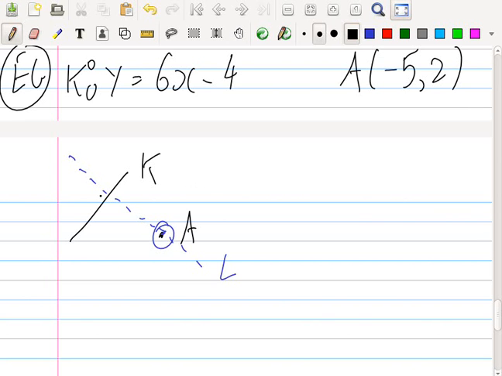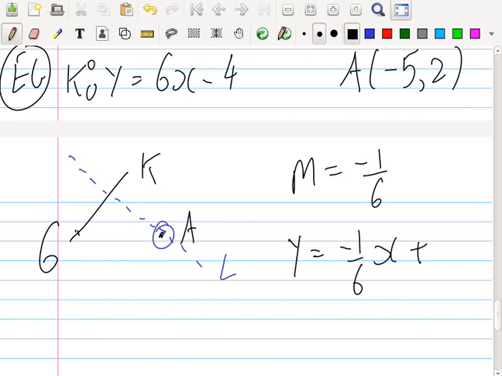So I almost know the slope of L. What's the slope of K? 6. So what's the slope of L? Minus 1 over 6. So I have y equals minus 1 over 6x plus c. How can I find the c? Like before, I put in this point. So I get minus 5 equals minus 1 over 6 times 2 plus c.